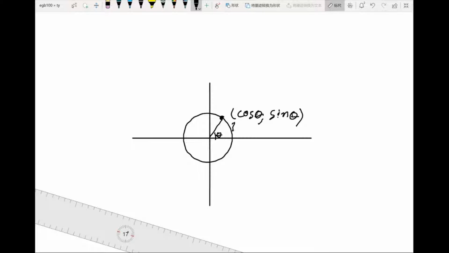Now this is one of the most useful tools in our inventory of trigonometric functions.